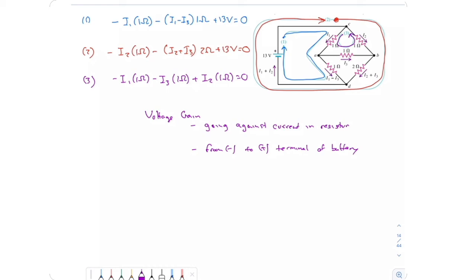All right, so we can go through the math and solve these 3 equations for the 3 unknowns. I'm not going to go through all those steps. I'll leave that as an exercise that you can do on your own if you're interested. But what I get is I1 is 6 amps, I2 is 5 amps, and I3 is negative 1 amp.